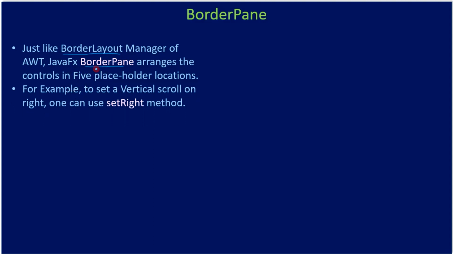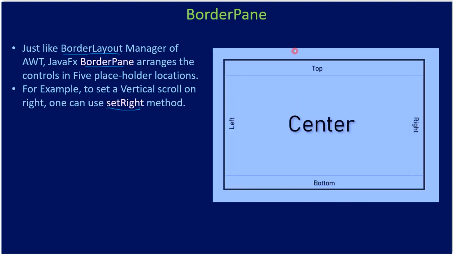In JavaFX BorderPane, if you want to set a component inside a specific location, for example to set a vertical scroll on the right, one can use the setRight method. Right means this is the direction. This is how the BorderPane is represented in JavaFX, and these are all the placeholder locations: top, left, bottom, right, and this will be the center portion.